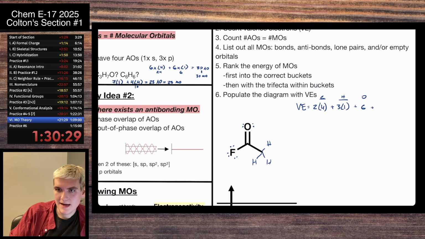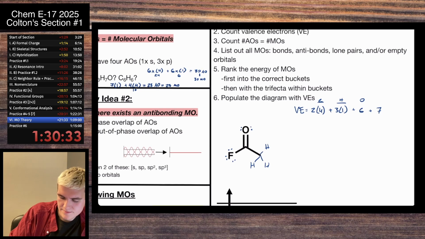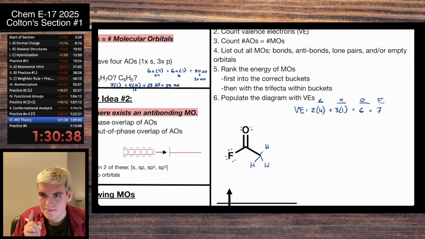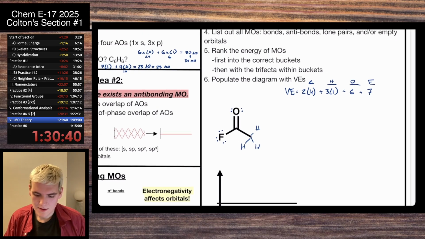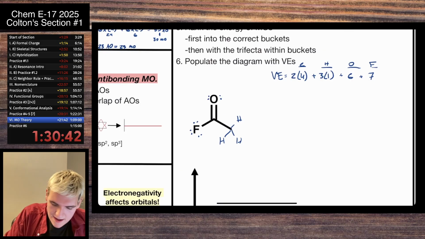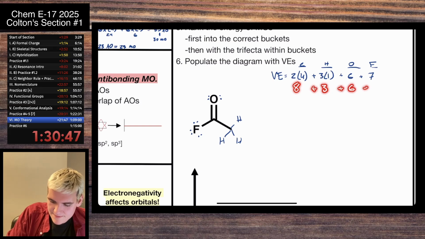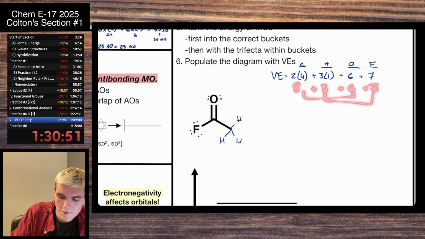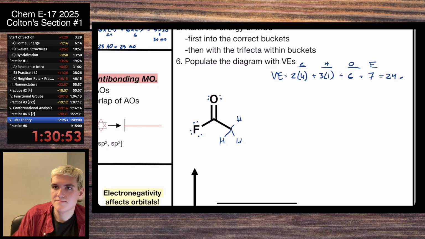And then we have a fluorine that is going to have 7. So adding all these up, we have 8 plus 3 plus 6 plus 7. So that's 10 and 14. So I'm getting 24. Is that what y'all are getting? Cool.